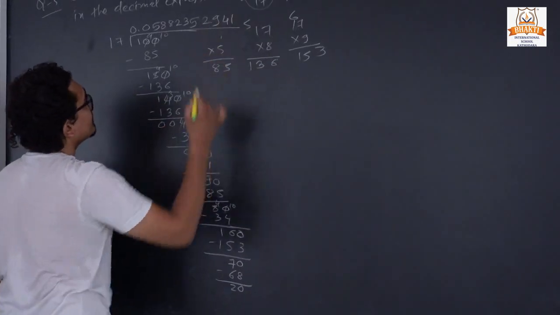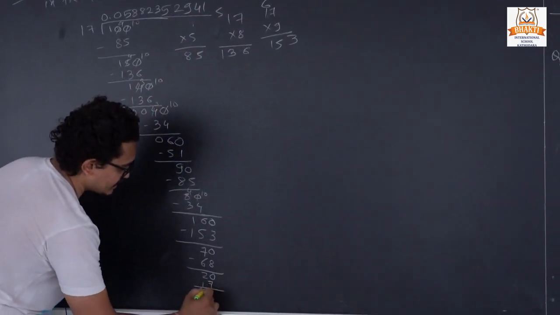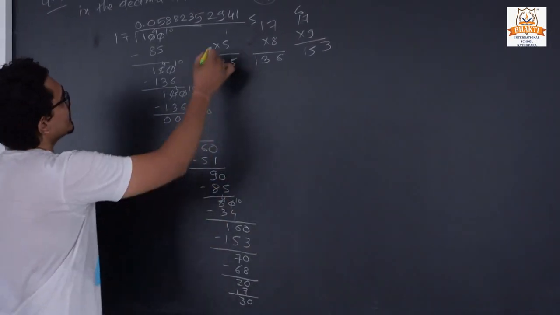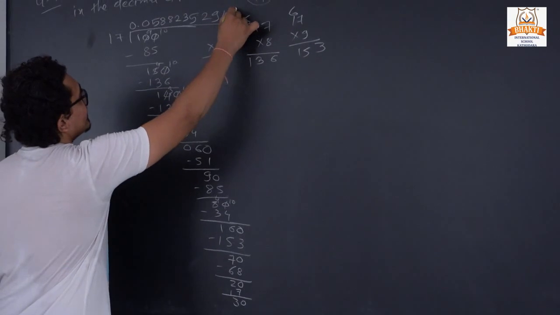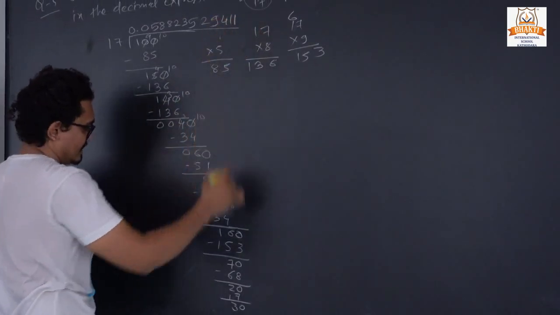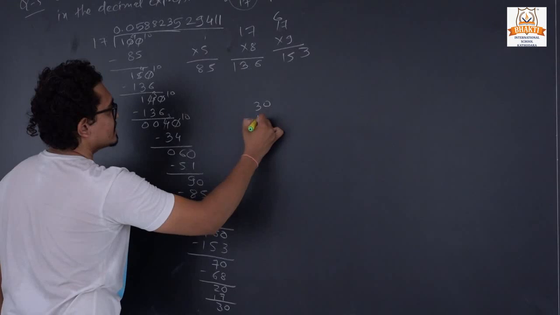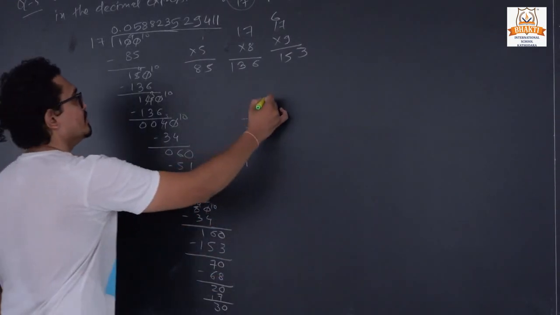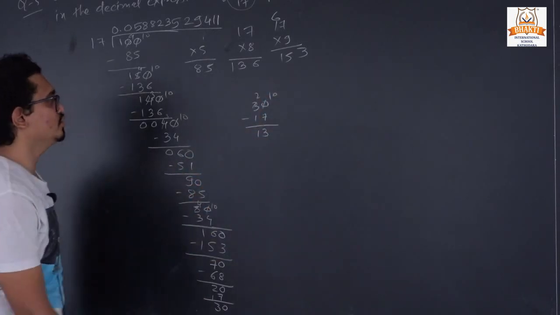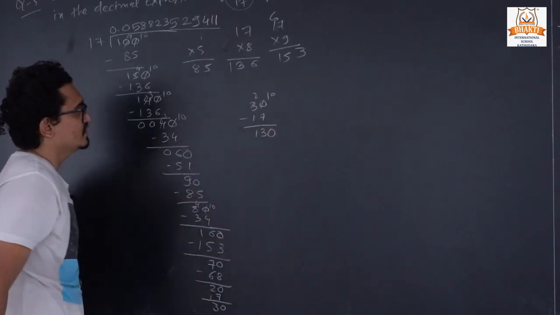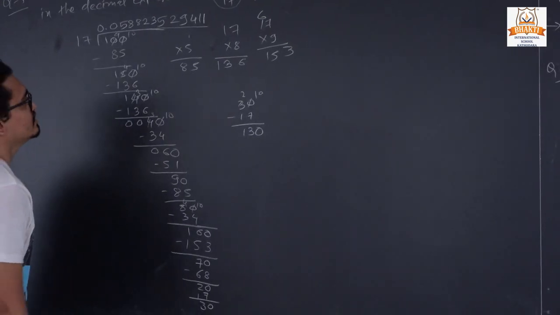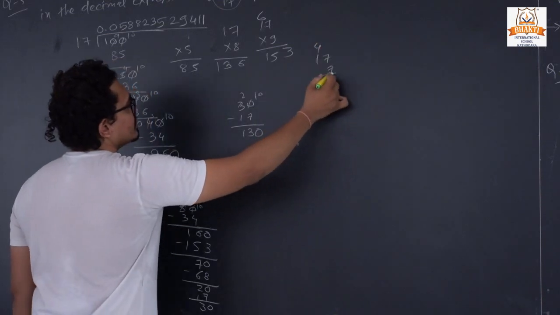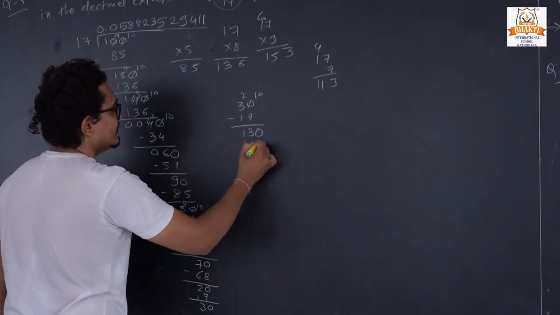Now 17 1s are 17. So we have 3. Once again we will put 0. So 13. So once again 17 1s are 17. So 30 minus 17, sorry, 13 as our remainder. Once again we will put 0. So now 130. Let's check. 17 7s are 119.